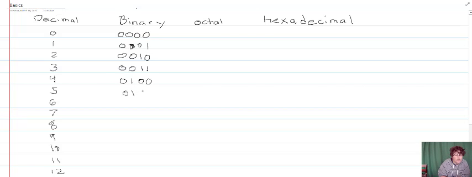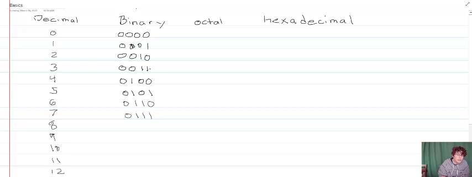Then 0, 1, 0, 1: a 1 in the 1's place, 0 in the 2's place, 1 in the 4's place, that's 4 plus 1, which is 5. 0, 1, 1, 0. 0, 1, 1, 1. That's 7.